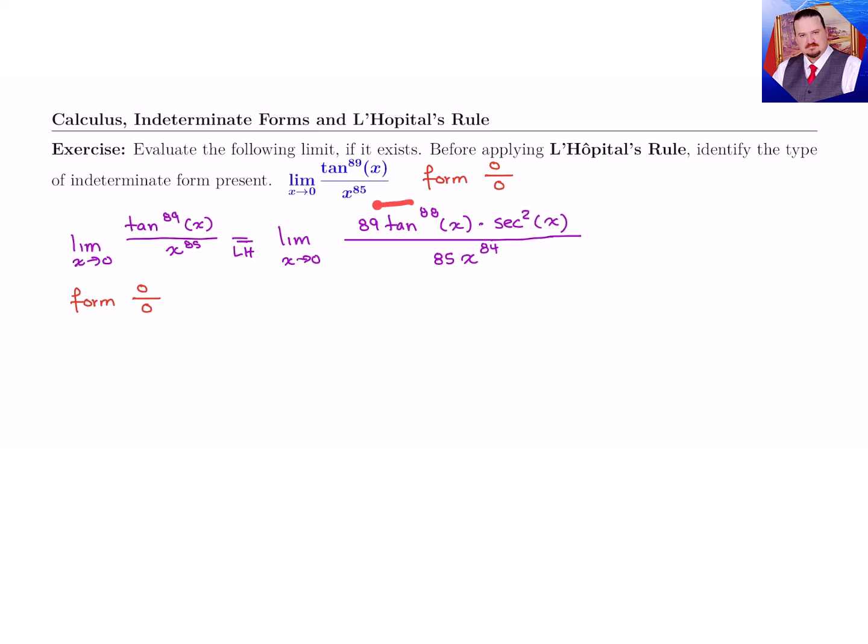And there's no question this has 0 over 0 form again. And you can probably see what would happen. You're going to probably have to apply L'Hopital's rule 84 more times, and each time, remember, this derivative was fairly simple, but now look what you have, and we don't care about the constants. The constants will move outside, but now you've got a product rule with chain, of course, embedded.